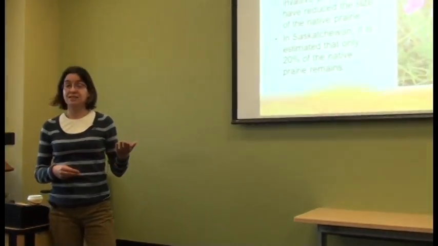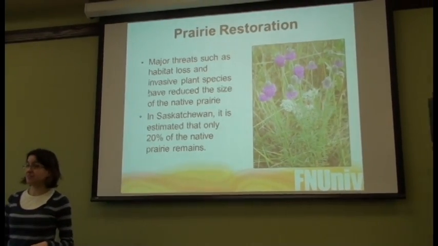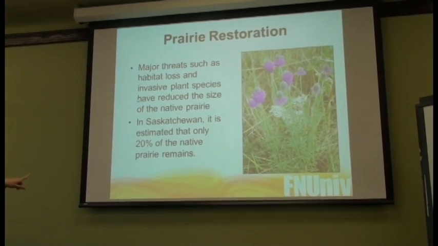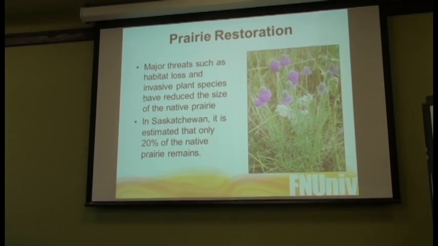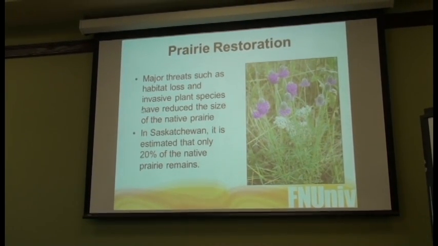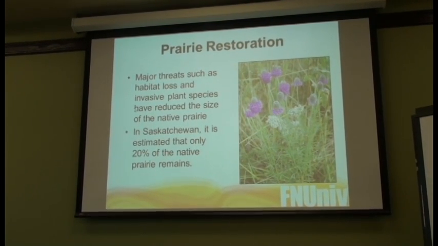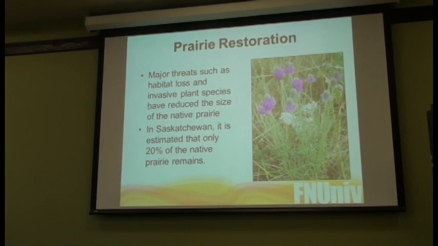Unfortunately, there's not a lot of native prairie that is left untouched in Saskatchewan. They say that there's probably less than 20% that is untouched prairie in Saskatchewan, but this number is actually high. Some people will say 2 or 3% would be more realistic of what is left intact. So it's nice to have these areas that are restored where we plant the native plants that were here before.